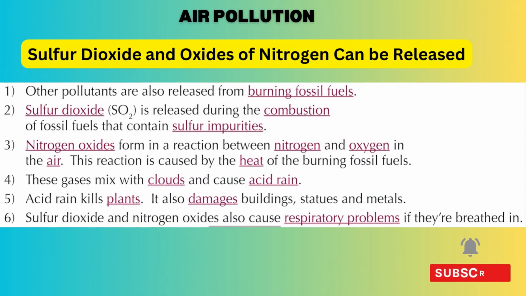Sulfur dioxide and oxides of nitrogen can be released. Other pollutants are also released from burning fossil fuels. Sulfur dioxide is released during the combustion of fossil fuels that contain sulfur impurities.